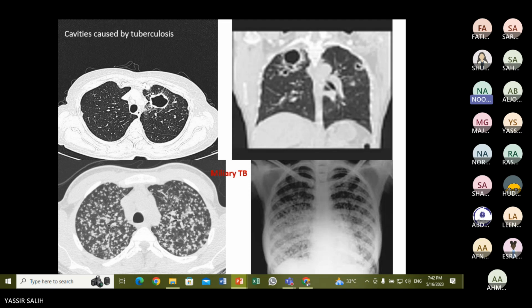What is the question? What are the radiological features of sarcoidosis on plain X-ray or CT?